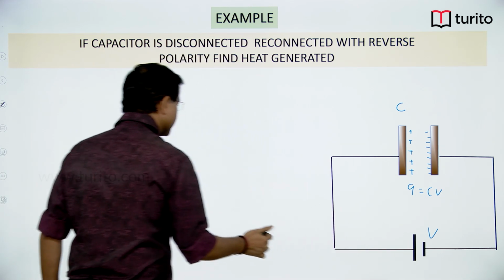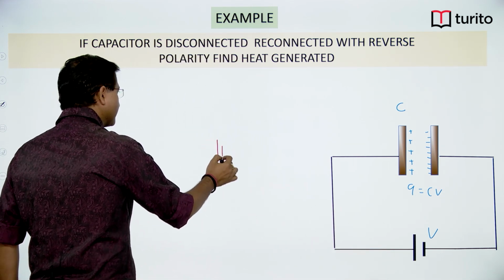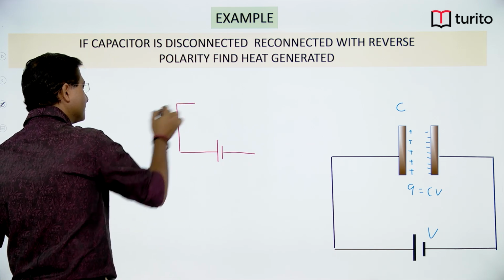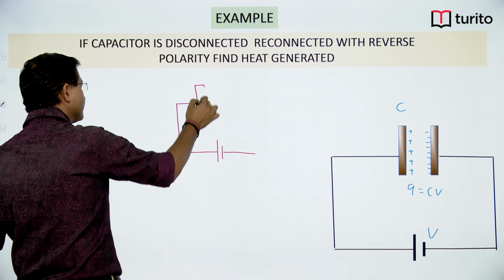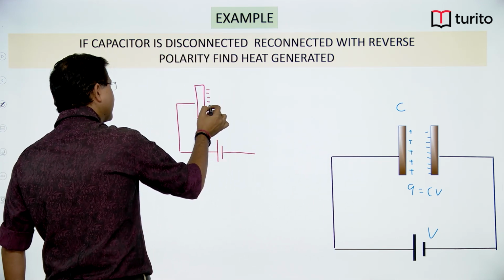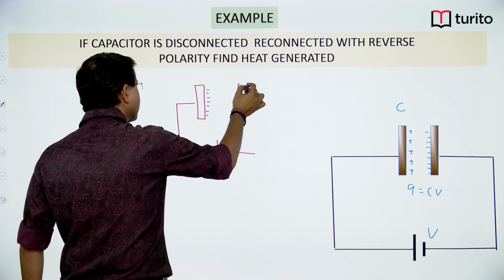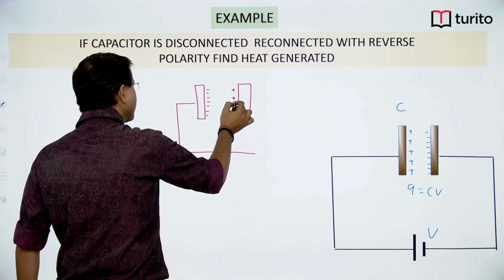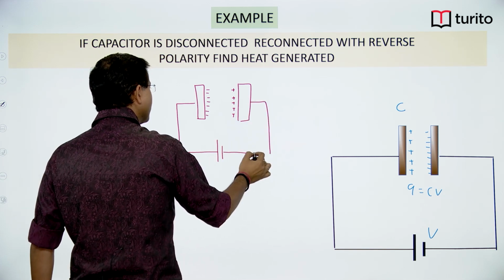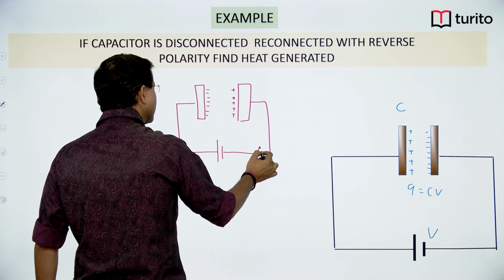So, battery as it is, and I will draw the circuit again, right, and this side I have, because I have reconnected it with reverse polarity, minus sign, and this is having plus sign, and then I am going to close the switch.